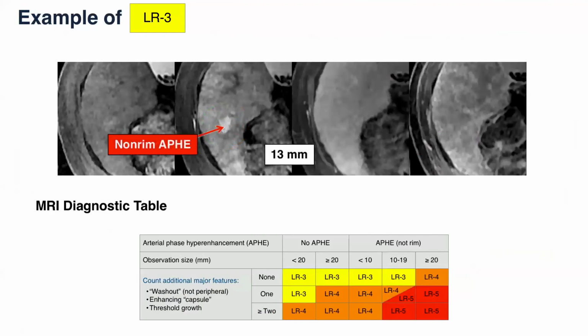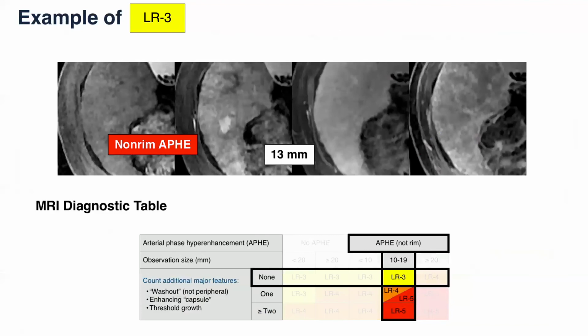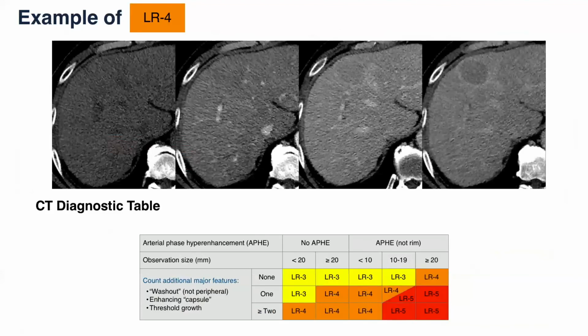It has non-rim APHE. It has no washout and no capsule. So here we go with APHE, and this observation measures 10 to 19 millimeters. It has none of these additional major features, so this gets LI-RADS 3, intermediate probability for HCC.